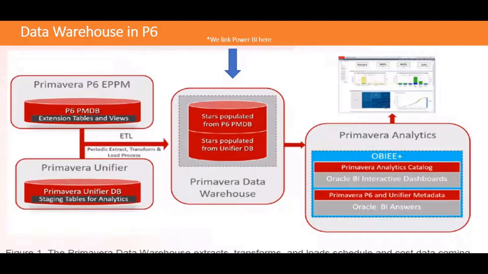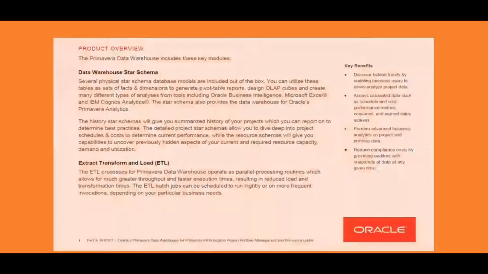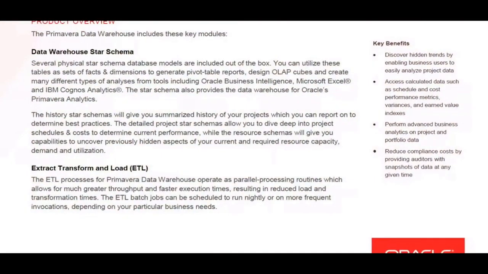So what it says: the Primavera data warehouse extracts, transforms and loads schedule and cost data coming from Primavera P6 and Primavera Unifier. It is available for standalone purpose. So the point is that it takes cost and schedule related data, and allows the user to understand the data. This is the page which tells what data warehouse actually does. Several physical star schema database models are included out of the box.